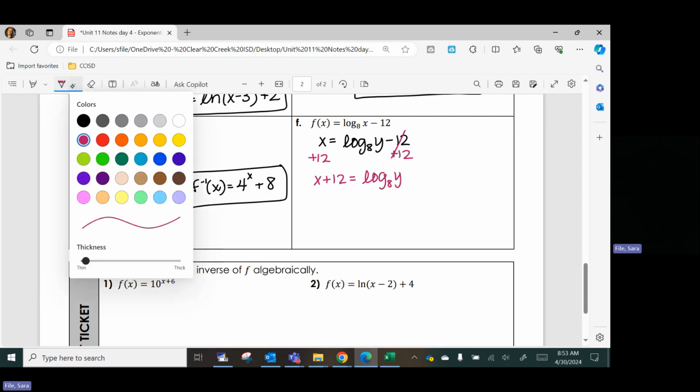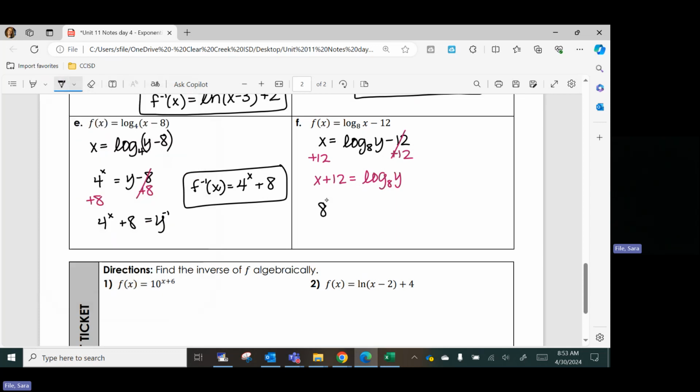Now I've isolated the log expression. I'm ready to rewrite this in exponential. So that's a base 8 to the power of x plus 12 equals y. And that's the inverse. So f inverse of x is 8 to the x plus 12.